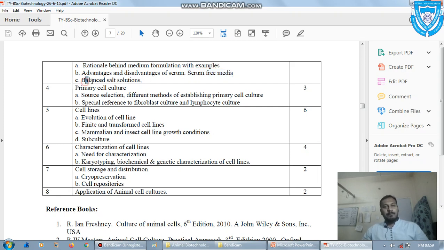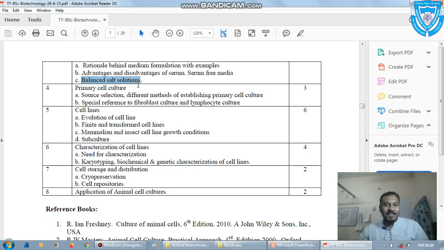Then the next one is the balanced salt solution. It's like a buffer, and we know what a buffer is. We use this balanced salt solution in animal tissue culture practices as a buffer, because animal cells are immediately disturbed by any sudden change in the atmosphere or environment.